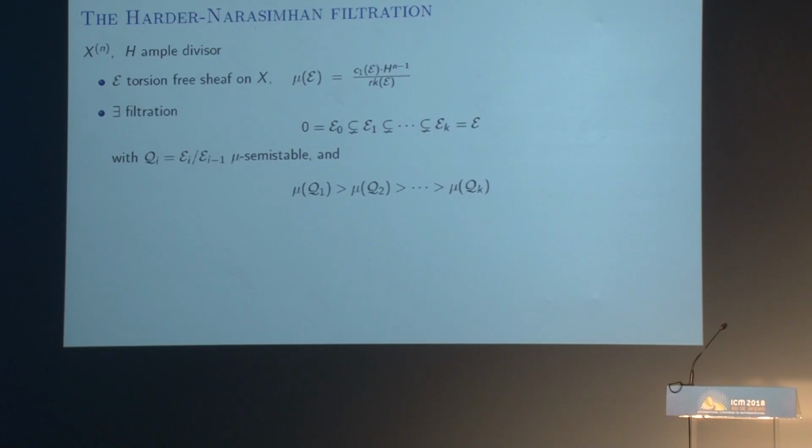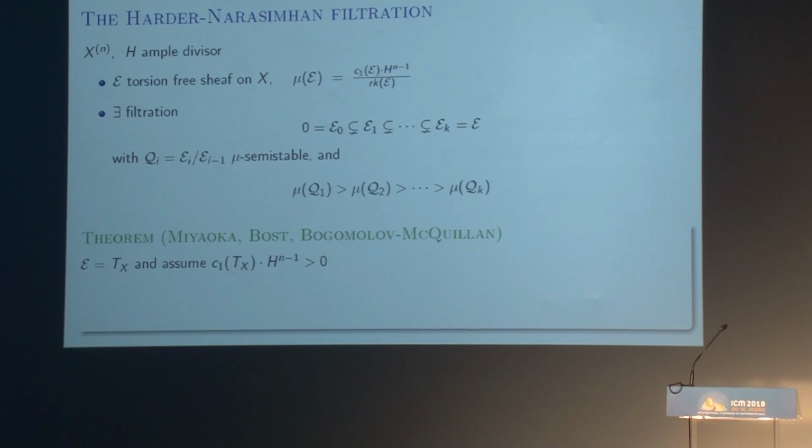Some things that you can prove easily using the properties of the slope is that if you look at this filtration, then the slopes of the E_i are decreasing. On the other hand, if you look at their degree measured with respect to H, then you start with E_1, and the degrees increase until a certain point, and then they start decreasing. They increase as long as the quotient has positive slope, and then they start to decrease.